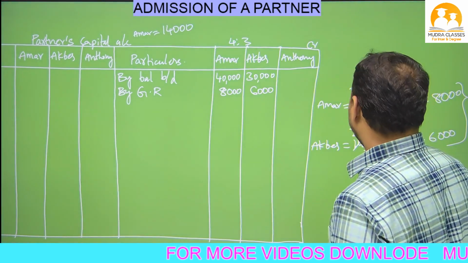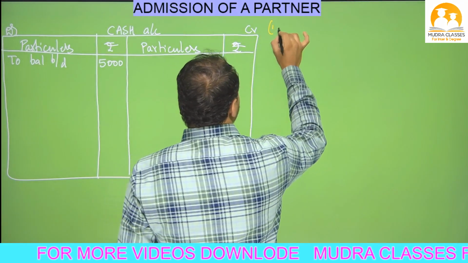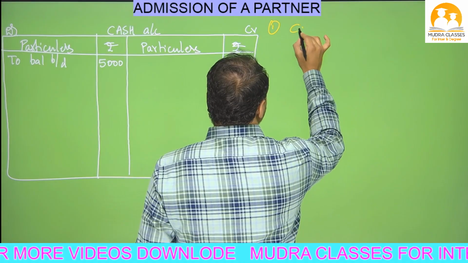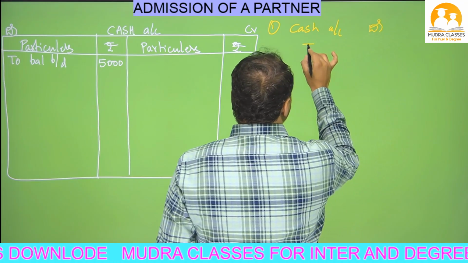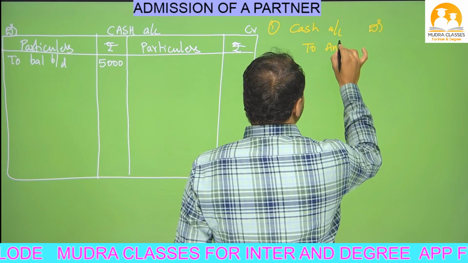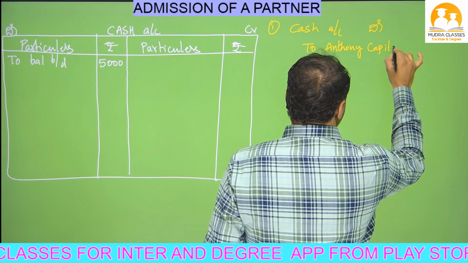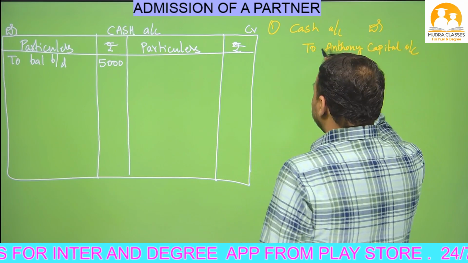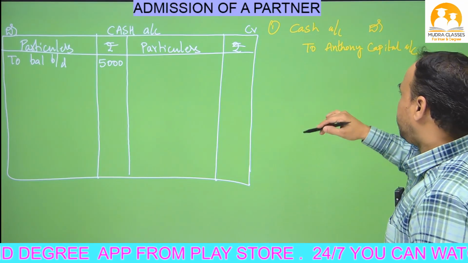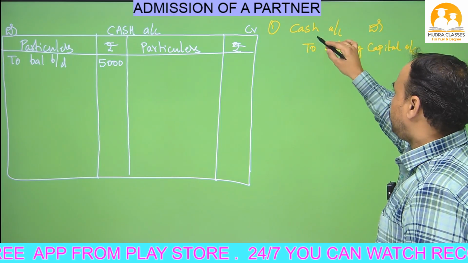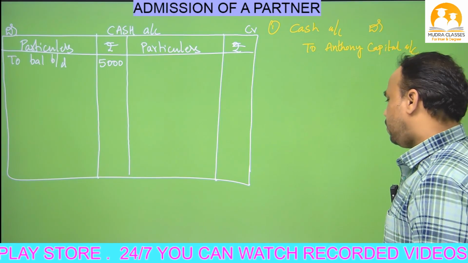ఇక్కడ రాస్తాను నేను. సో, ఫస్ట్ న్యూ పార్ట్నర్ ఈజ్ బ్రింగింగ్ క్యాష్ ఇంటూ బిజినెస్. సో, దిస్ జర్నల్ ఎంట్రీ విల్ కమ్: క్యాష్ అకౌంట్ డెబిట్ టు హూ ఈజ్ న్యూ పార్ట్నర్? ఆంటోనీ. సో, ఆంటోనీ క్యాపిటల్ అకౌంట్. దిస్ ఈజ్ ద ఫస్ట్ జర్నల్ ఎంట్రీ. ఓకే, న్యూ పార్ట్నర్ బిజినెస్లోకి డబ్బులు తీసుకొని వస్తున్నాడు కాబట్టి ఈ జర్నల్ ఎంట్రీ వస్తుంది. న్యూ పార్ట్నర్ బ్రింగింగ్ క్యాష్ ఇంటూ బిజినెస్, దట్స్ వై we'll write first journal entry, this one: cash account debit to Anthony capital account.